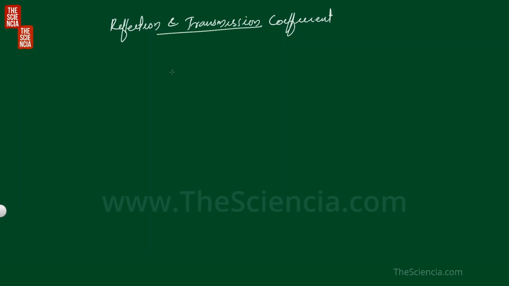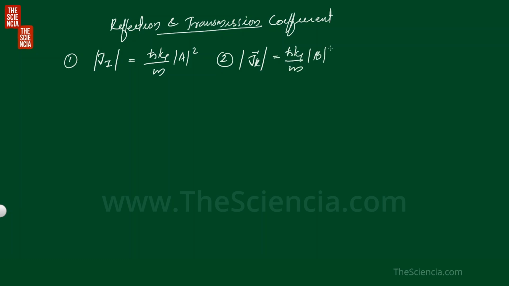So we evaluated the probability current density. For the incident wave, the probability current density is equal to h cut k1 by m modulus of A square. For the reflected wave, it is h cut k1 by m into mod B square.